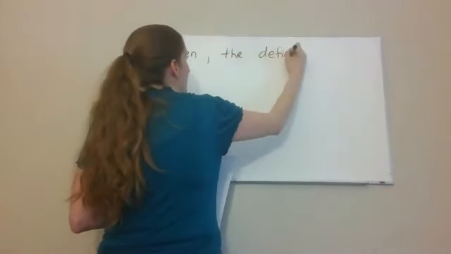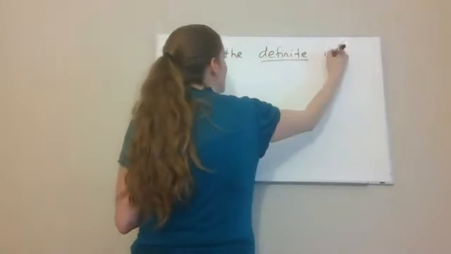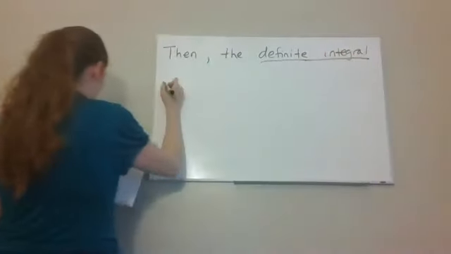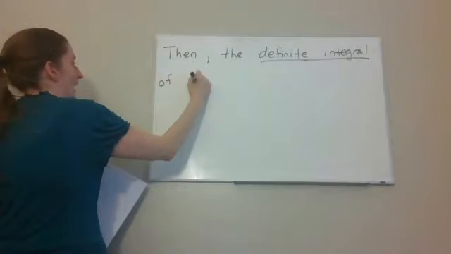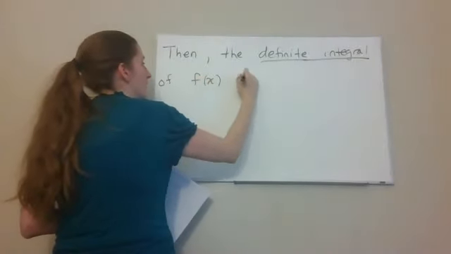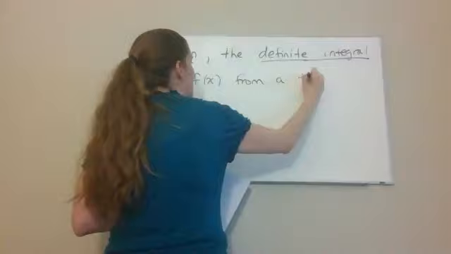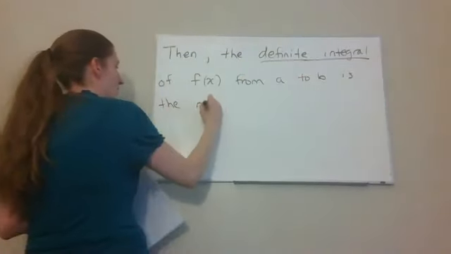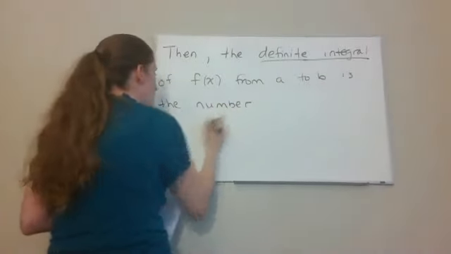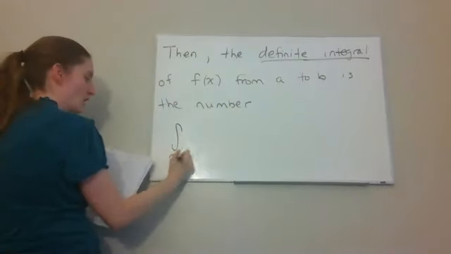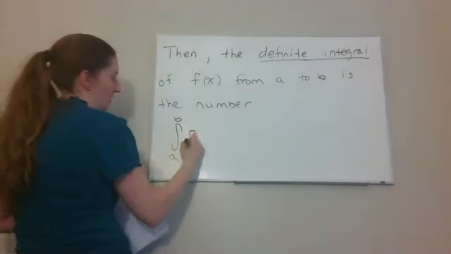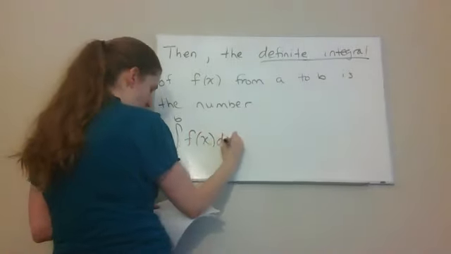So the definite integral of f from a to b is the number given by this notation: integral with an a and a b on it of f of x dx.